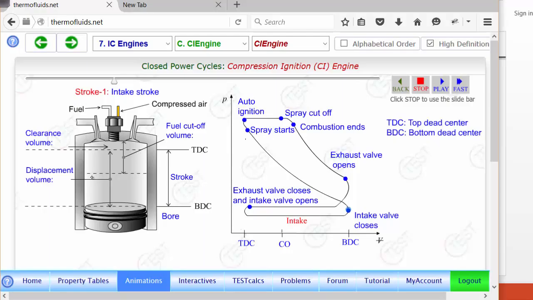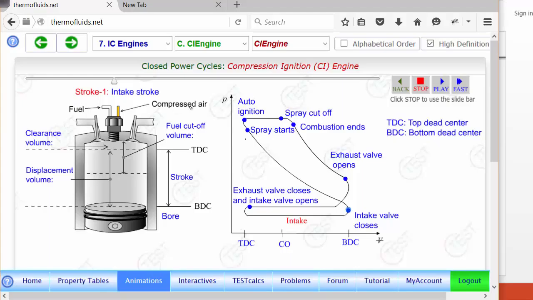Where the cycle differs, where compression ignition differs from spark ignition, is that after the air intake, the air is compressed and no fuel is sprayed into the incoming air. Instead, after the compression takes place with a much higher compression ratio than in the gasoline engines, the air becomes very, very hot.